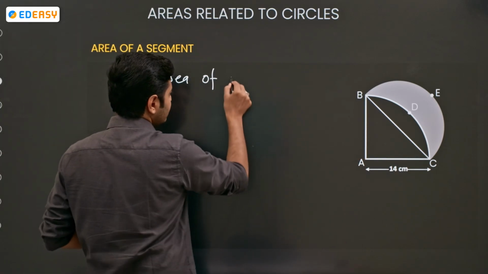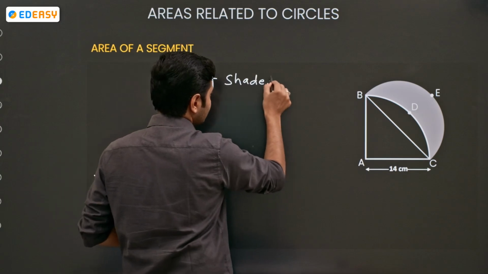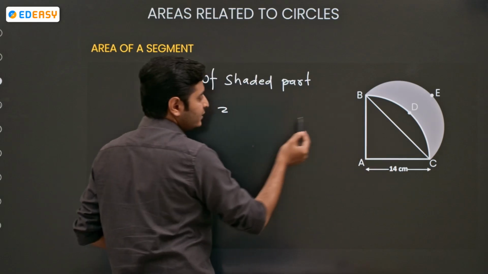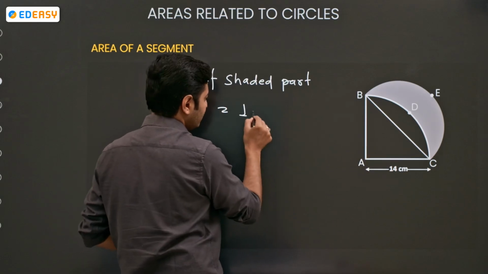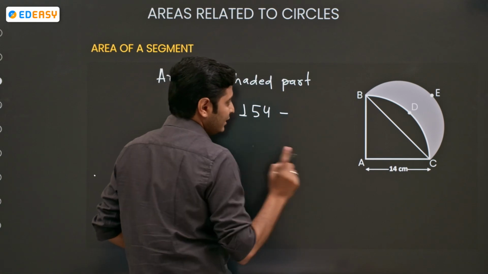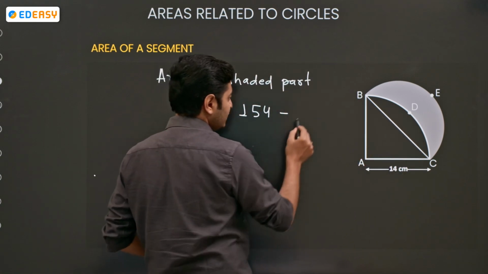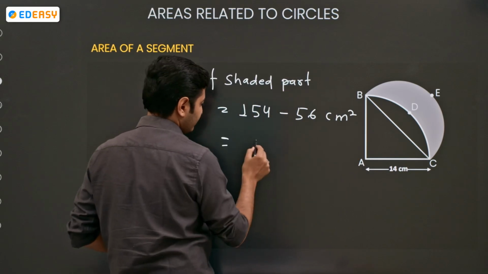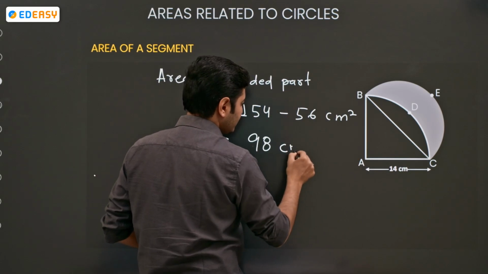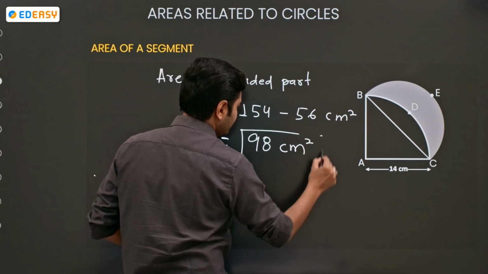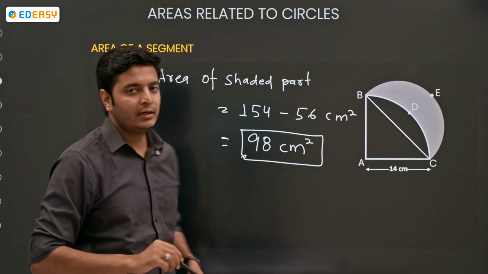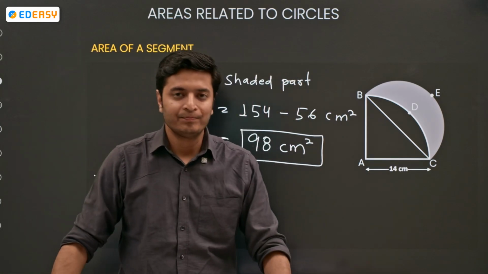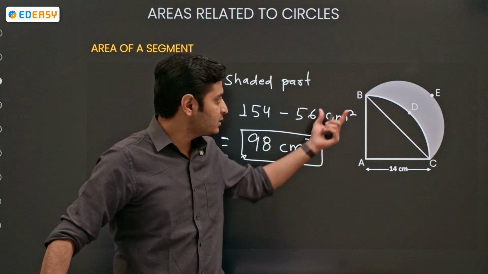So the area of the shaded region is equal to the area of the semicircle BCE, 154, minus the area of this segment BCD, 56 centimeter square. This is going to give us 98. So the area of the shaded region is 98 centimeter square, and this is how you can find the area of this portion.